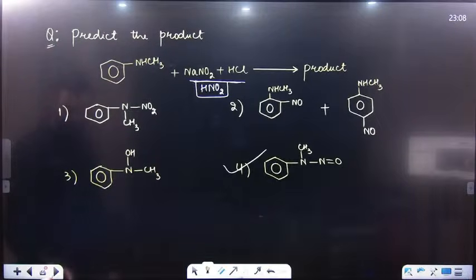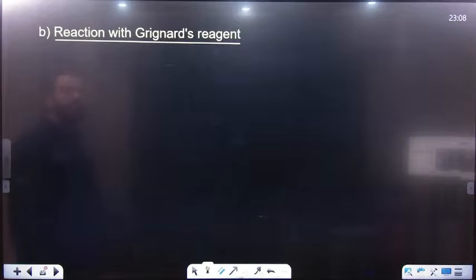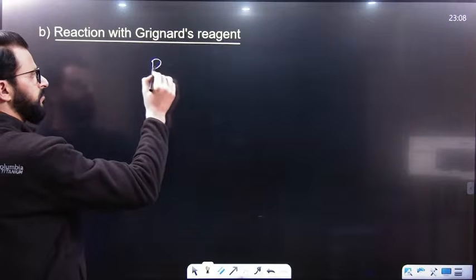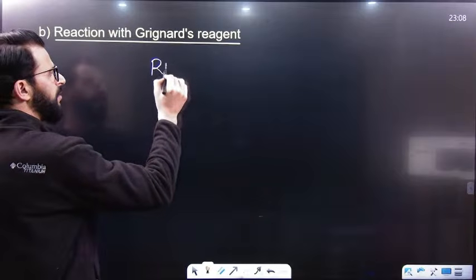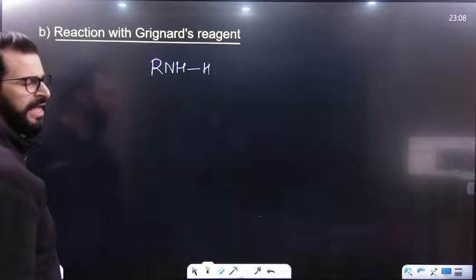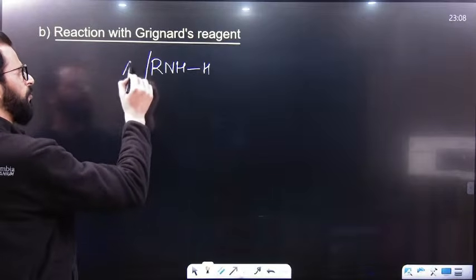Now, after that, another reaction is the reaction with Grignard's reagent. Have a look. This is an amine. Suppose I am writing down over here a primary amine, whether aliphatic or aromatic.